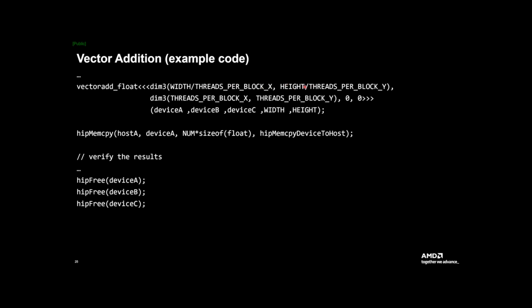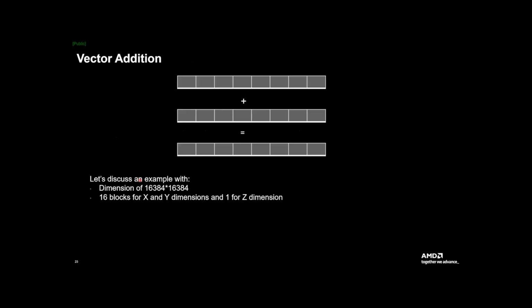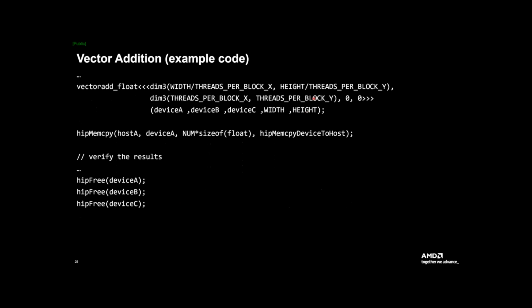And here's the height, because now, as you saw, we have 2 dimensions. We use 2 dimensions. So here, this is the width, and the height divided by threads per block on the y-axis. And here we have the threads per block. We don't use shared memory or stream, and then we define the arguments of the kernel.